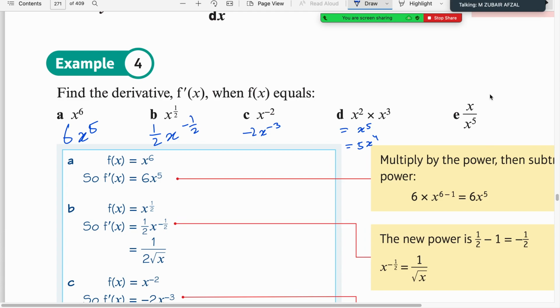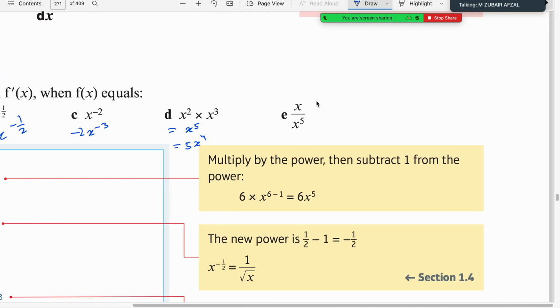So this is equal to 1 over x power 4. We can write this as x raised to power minus 4. Then the derivative would be minus 4x to the minus 5. You can leave it as it is, or you can rearrange and write x raised to power 5 in the denominator. Getting it?